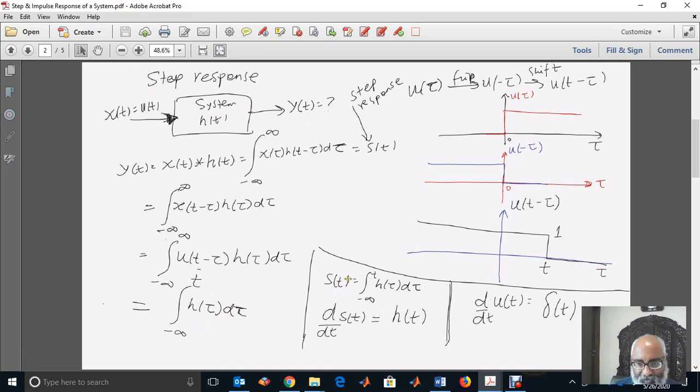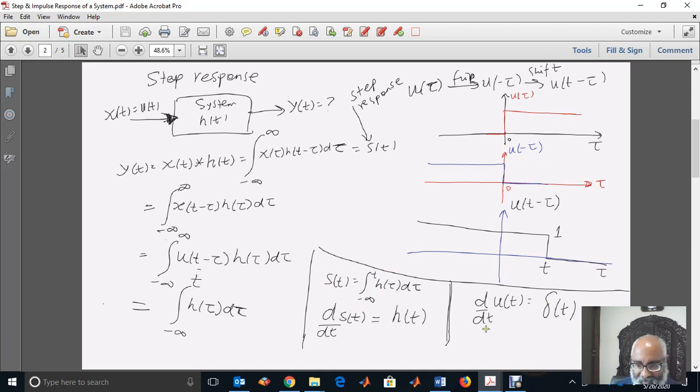Let's call it S(t), the step response: S(t) is the integral from minus infinity to t of h(tau) d tau. If I differentiate S(t), the derivative will cancel the integration and I will have h(t). So the derivative of the step response gives me the impulse response.